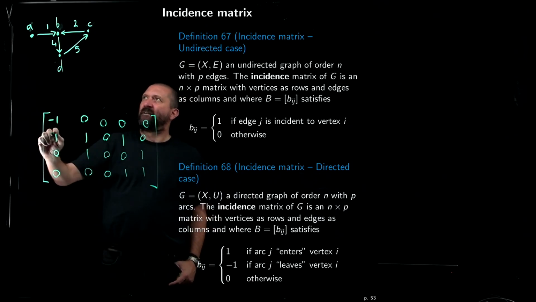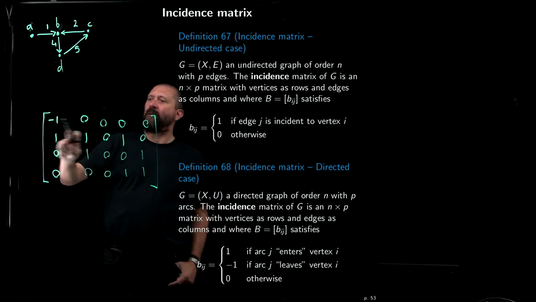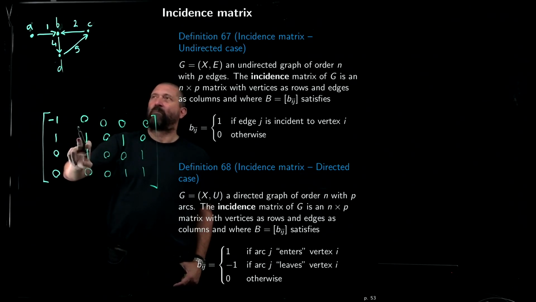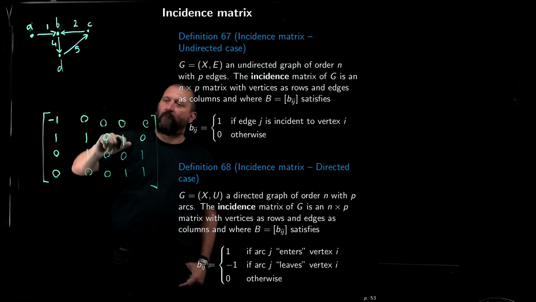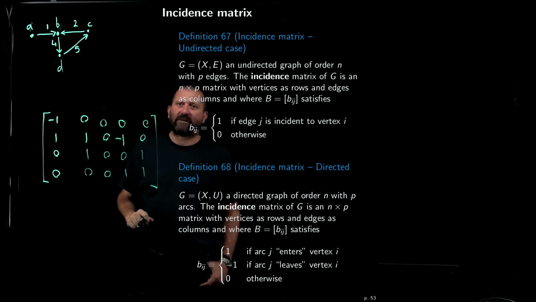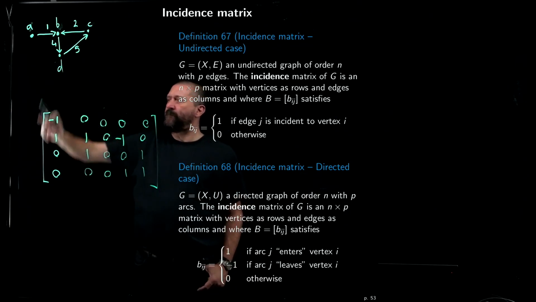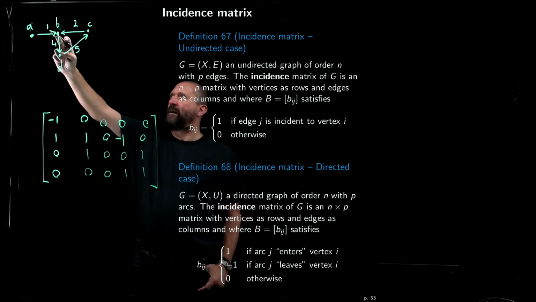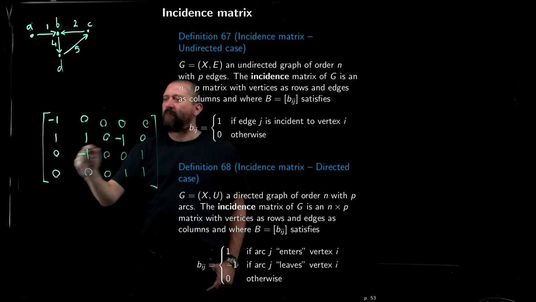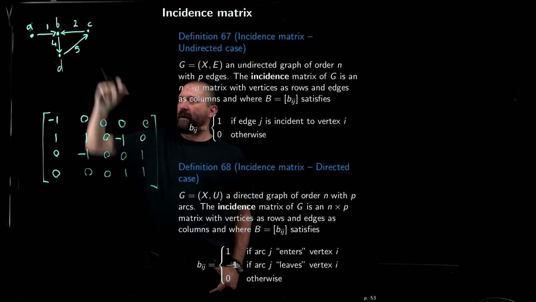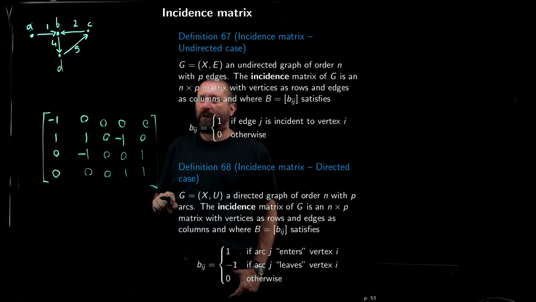In B, this arc is coming with a +1. This arc is coming with a +1, arc 2. Arc 4 is leaving. From C, I am leaving along arc 2, and I am entering along arc 1.